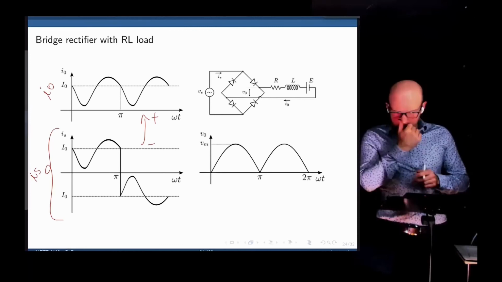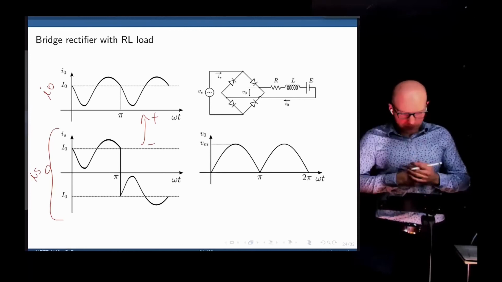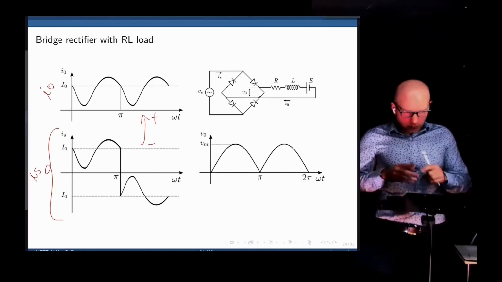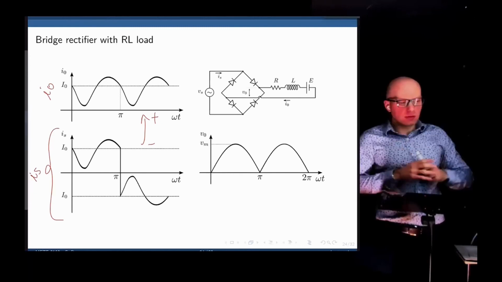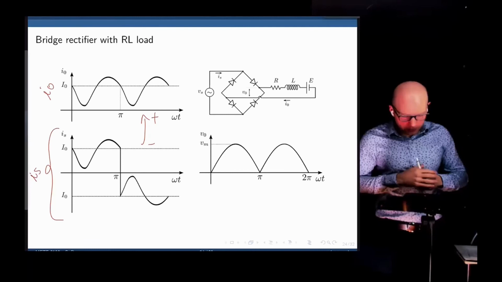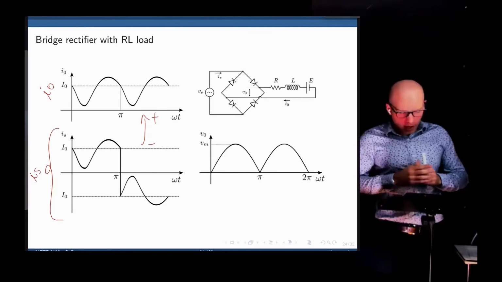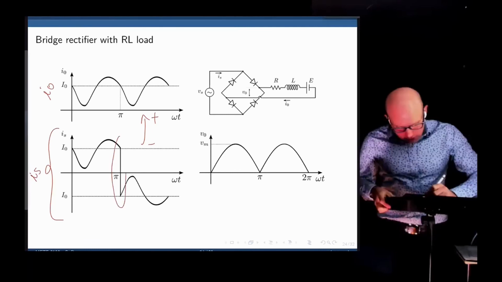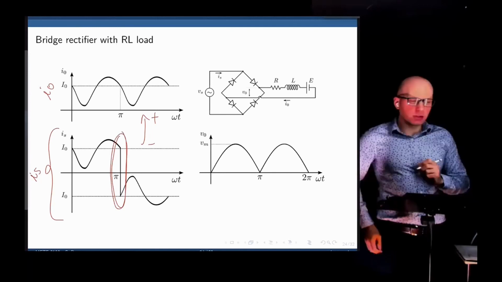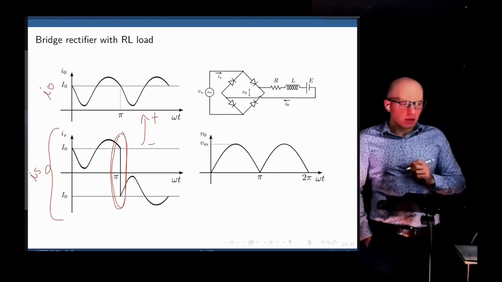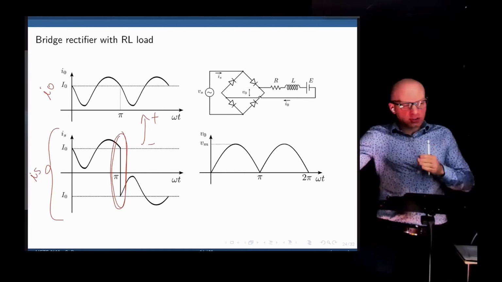Things that were relatively linear now become completely non-linear, and you see this drastic change in the current direction coming from the source, because when you switch from positive cycle to negative cycle, the current from the source becomes negative.